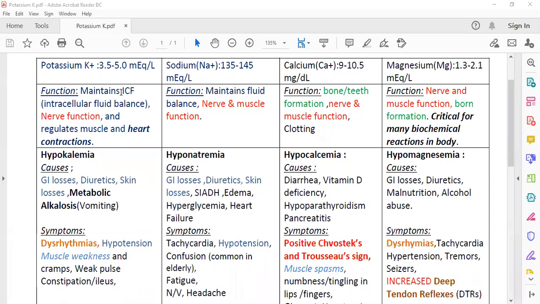ICF stands for intracellular fluid balance. Another major function of potassium is nerve function, the nervous system, and regulating muscle and heart contraction.